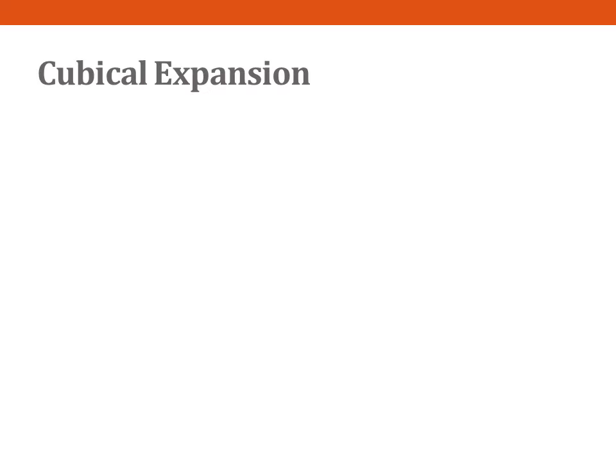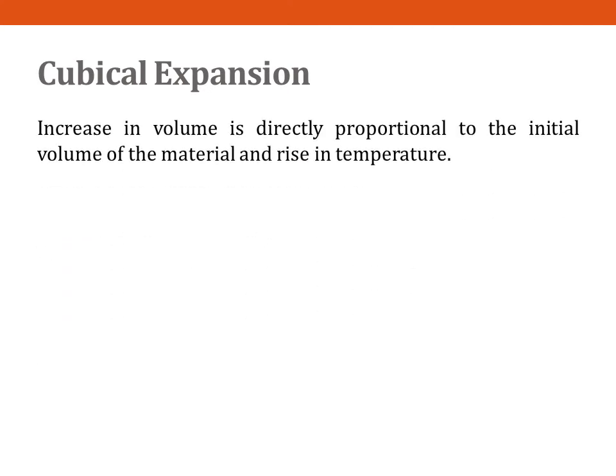Let us look at the third type of thermal expansion called cubical expansion. This cubical expansion, as we've seen, occurs in solids, liquids as well as in gases. The definition for cubical expansion is: the increase in volume is directly proportional to the initial volume of the material and rise in temperature.